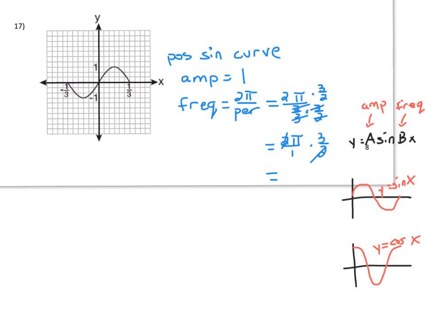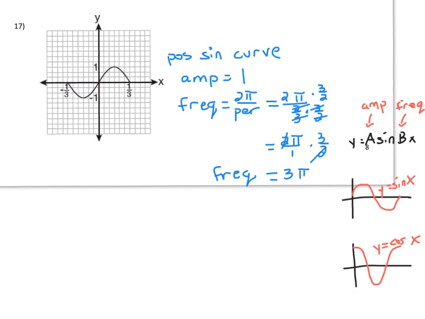And it leaves us with pi times 3 is 3 pi over 1, which is just 3 pi. So our frequency, I'll just bring that word down. You don't have to. This equal sign implies that whatever is to the left of it is what you had to the left up here. But if you want to bring the word frequency down, the frequency is equal to 3 pi.